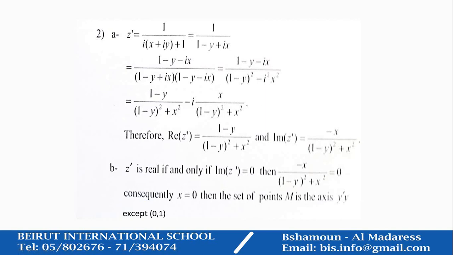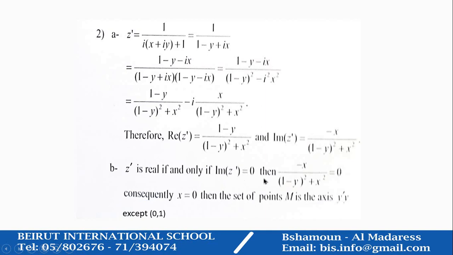So we can tell that the real part of z prime is 1 minus y over 1 minus y all to power 2 plus x squared, and the imaginary part is, because this is minus i, it should be plus i, so you put the minus here, minus x over 1 minus y all to power 2 plus x squared.